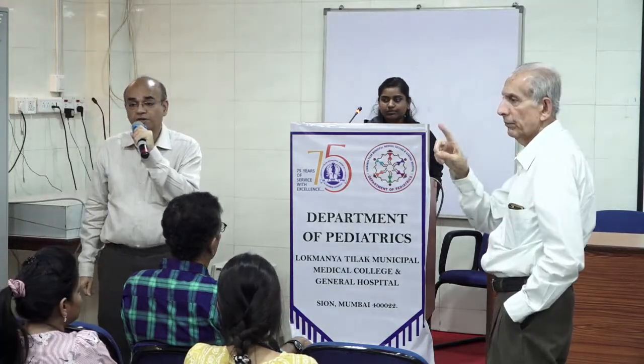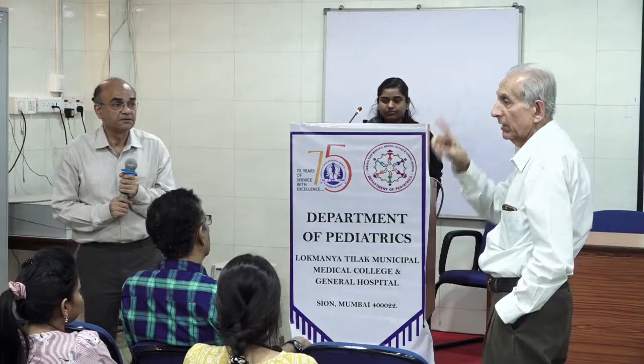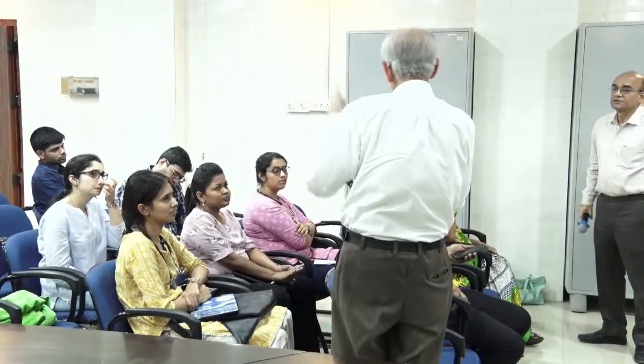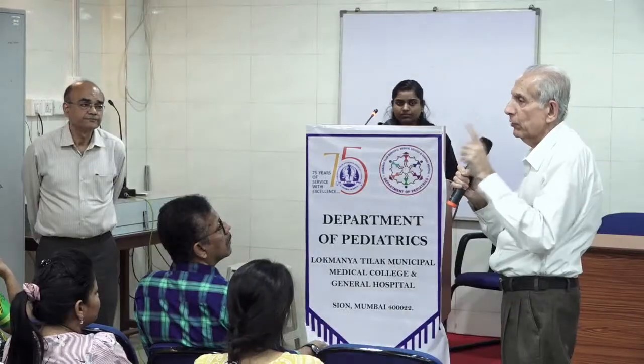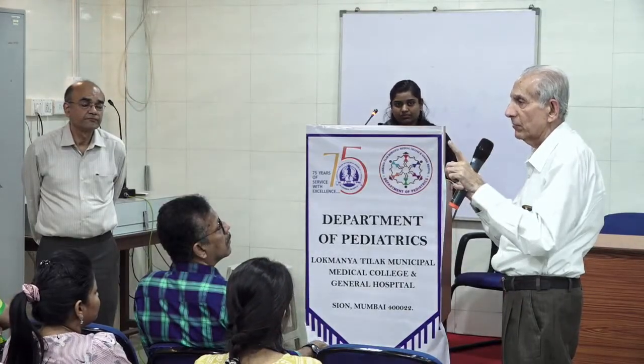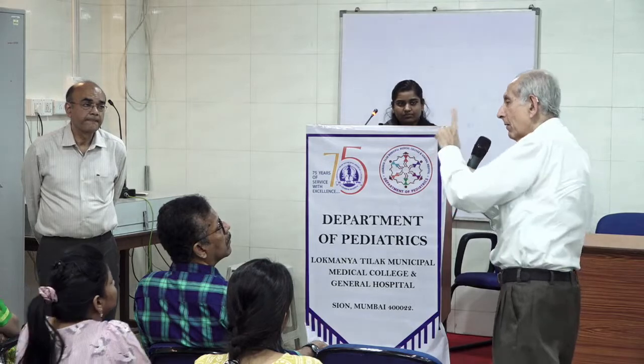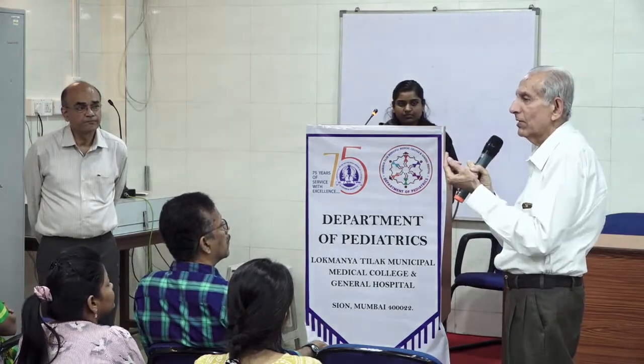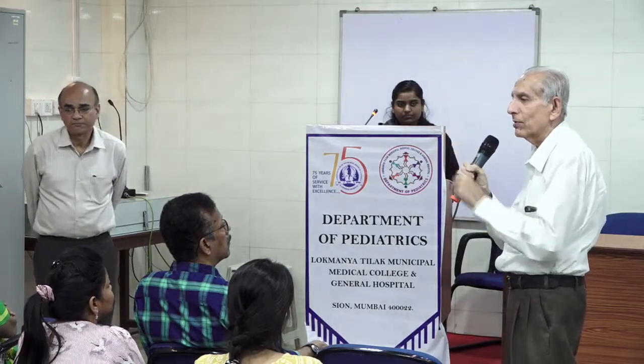Full term. So IUGR, he has gained 8.5 kilos. Being a severe IUGR of 1.7 kg, when do you expect him to gain 8.5 kilos? How long will it take? First tell me, how long does it take for a normal child to gain 8.5 kilos?